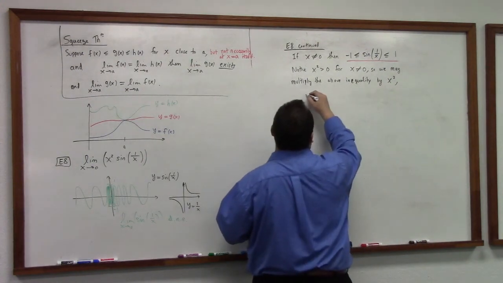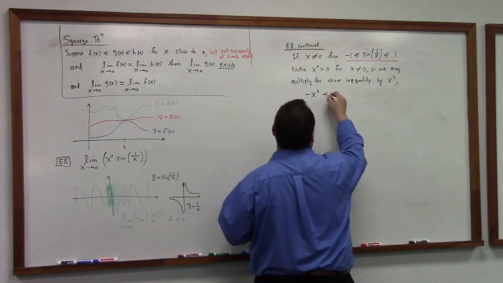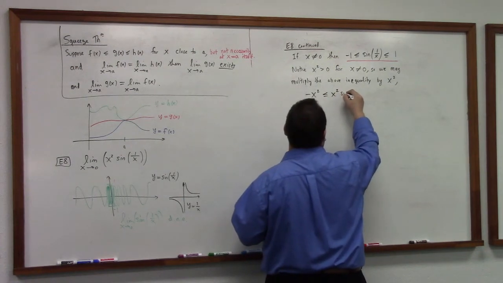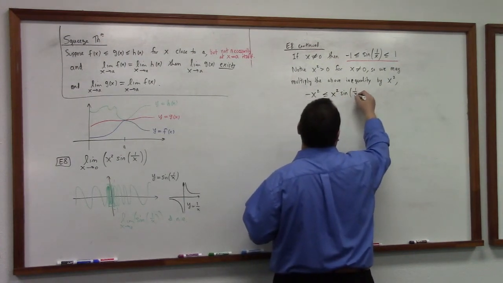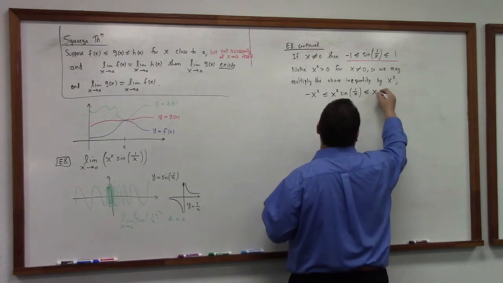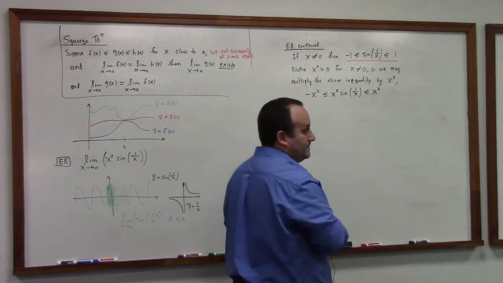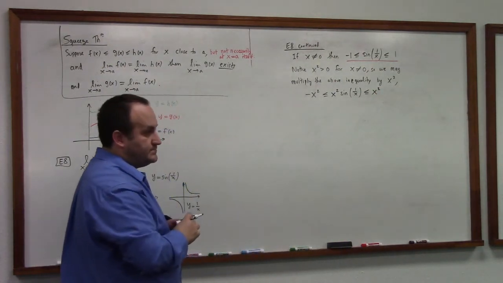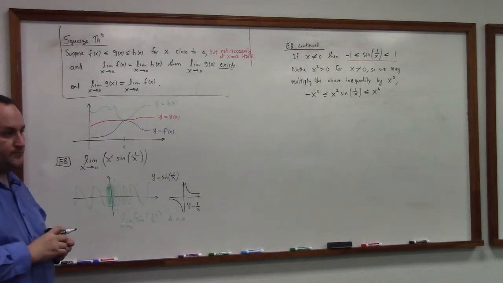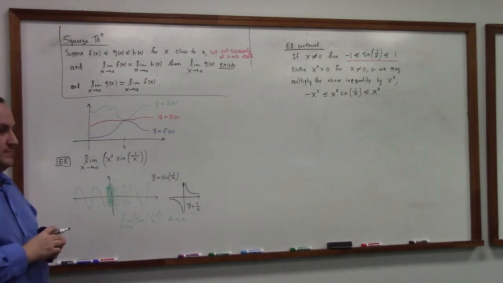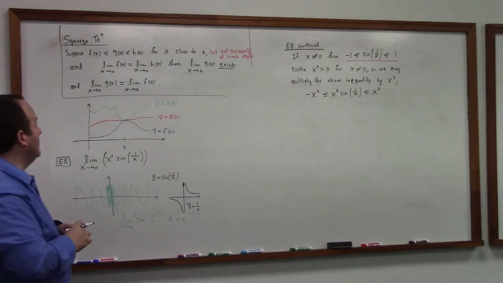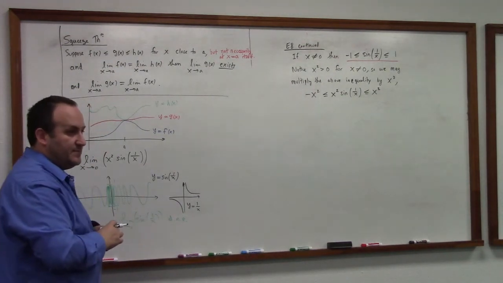So minus x squared is less than or equal to x squared sine of 1 over x is less than or equal to x squared. So I want to use the squeeze theorem, all right?